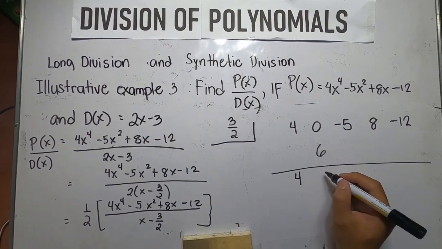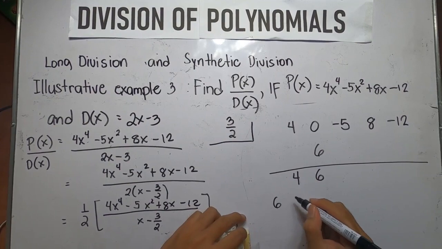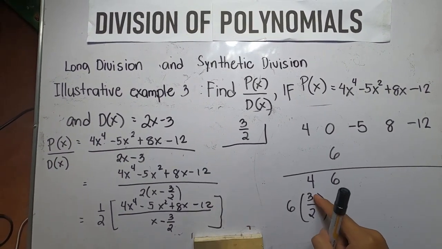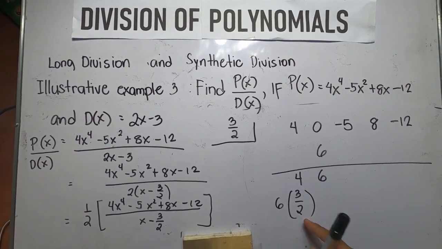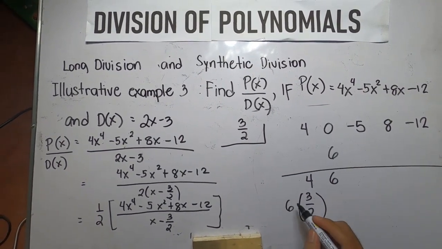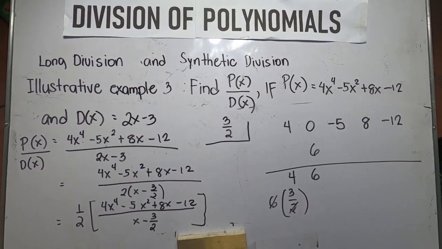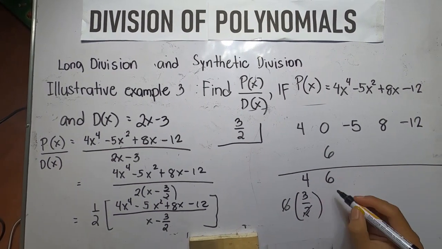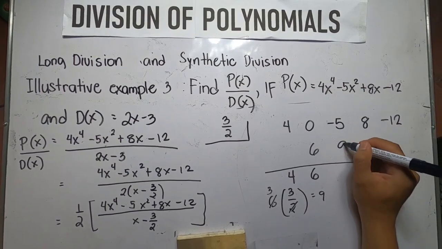That is, 0 plus 6 is 6. 6 times 3/2, that is the same as 6 times 3, that is 18, divided by 2 is 9. Or just simply find the common factor of 6 and 2. The common factor of 6 and 2 is 2. So 6 divided by 2 is 3, times 3 is 9. So we write now 9.